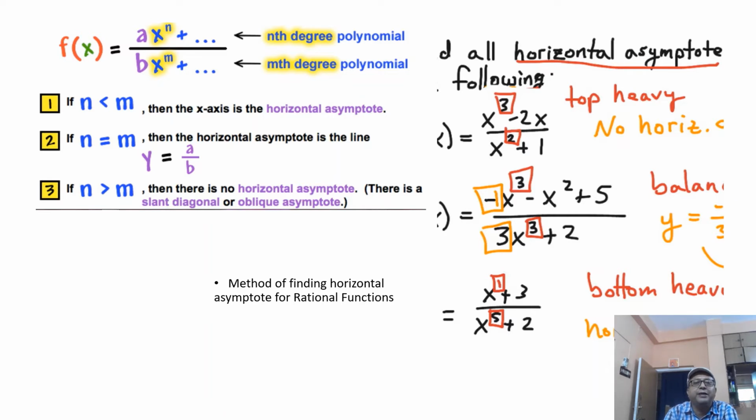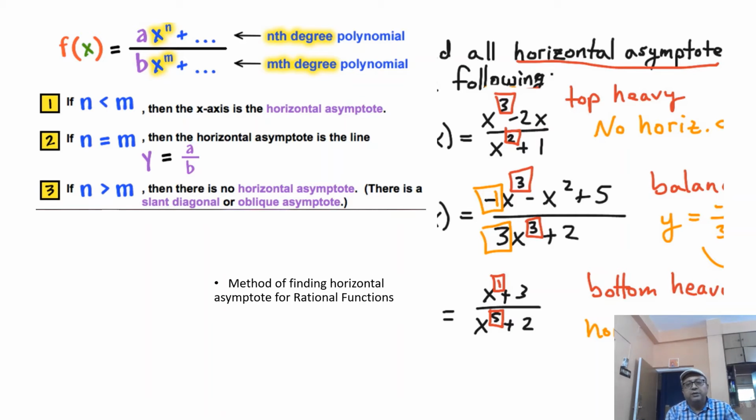Now, there are three cases. When n is less than m, the degree of x in the numerator is less than the degree of x in the denominator, the value of this limit is going to be equal to 0. In that case, the asymptote exists and it is given by the x-axis.